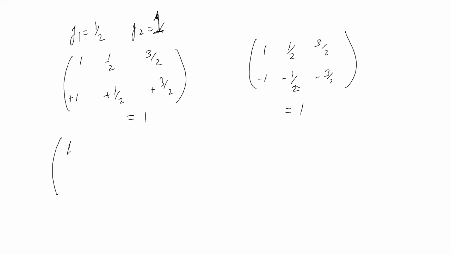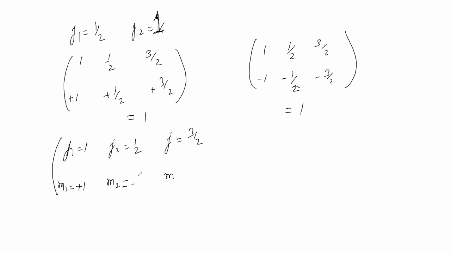But there are other possibilities, that my J1 is 1, J2 is half, J is 3 by 2, but M1 is plus 1, M2 is 0. Sorry, M2 cannot be 0, it can be plus half or minus half.